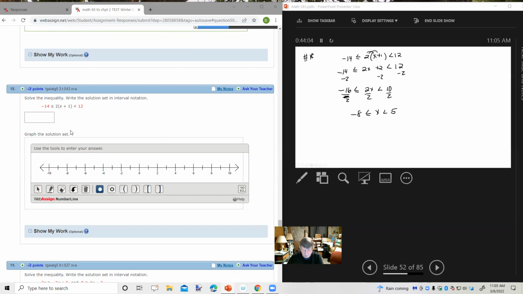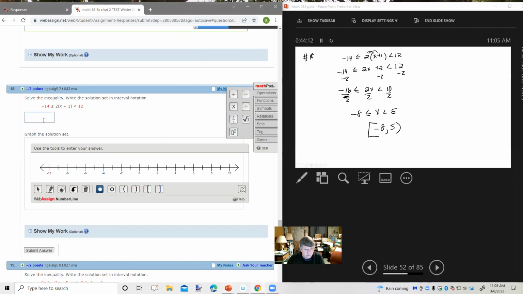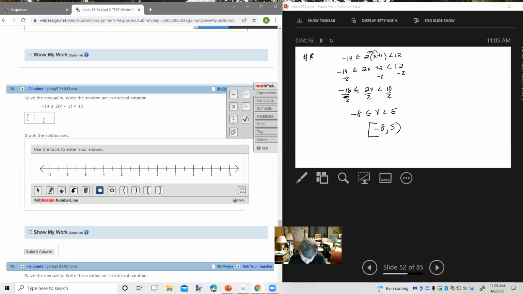So interval notation, that's going to look like that. So let's see here. I think I can use the brackets on the computer. Negative 8 comma 5 like that.